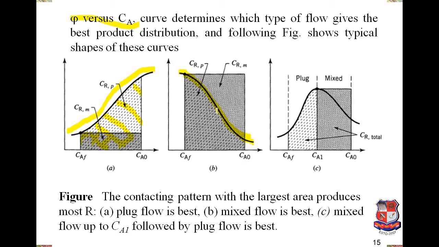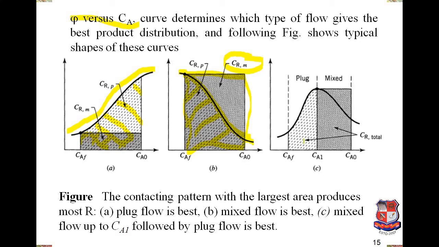So in this scenario, with this final concentration, your overall yield in the MFR is going to be this whole rectangle, which gives you the total yield of the CSTR, whereas the PFR gives only the area under the curve. You can see that the area under the curve for the PFR is much less compared to the total area of the CSTR. So in this pattern, the CSTR is a better choice compared to the PFR.